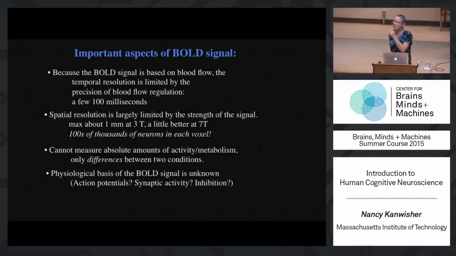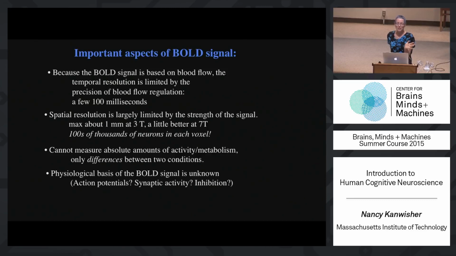Okay, and the final deep limitation of functional MRI is that we use this convenient phrase, neural activity. It's very convenient because it's extremely vague. And fittingly so, because we don't know exactly what kind of neural activity is driving the BOLD response. It could be spikes or action potentials. It could be synaptic activity that doesn't lead to spikes. It could be tonic inhibition.